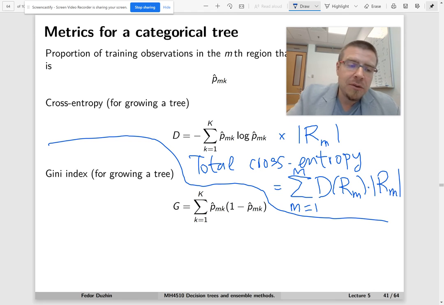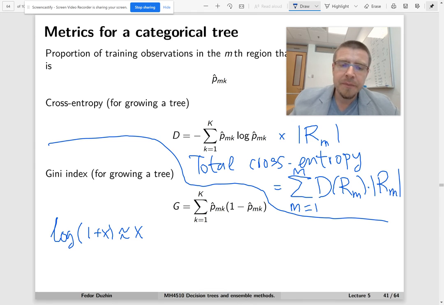And the way we make it simpler is by recalling that a logarithm of 1 plus x is approximately equal to x, right? So this is familiar from calculus 1.